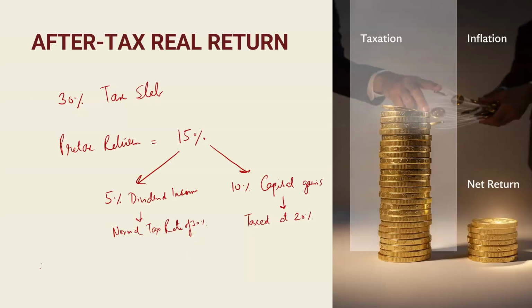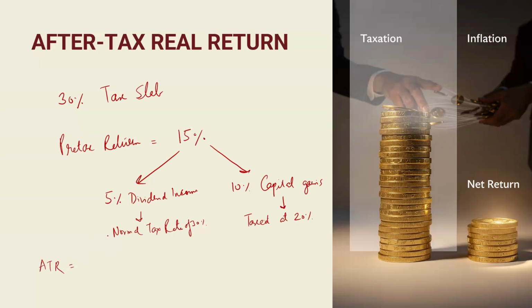So what will be the after tax nominal return, which we'll call ATR right now? We are assuming that when we say after tax return, we are talking about after tax nominal return. If 30% of your 5% dividend income is taxed, you are left with 70%.